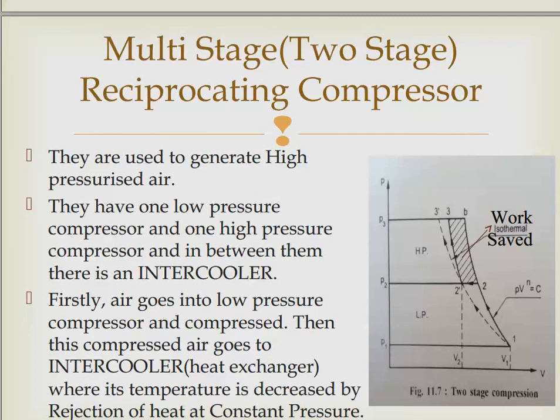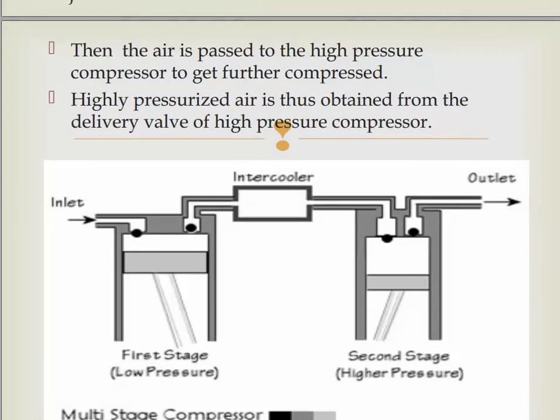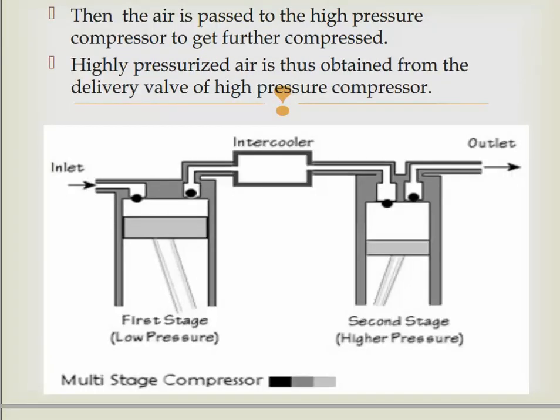In this, the low pressure and the high pressure compressors both work simultaneously. Then the air is passed to the high pressure compressor to get further compressed. Highly pressurized air is thus obtained from the delivery valve of the high pressure compressor.